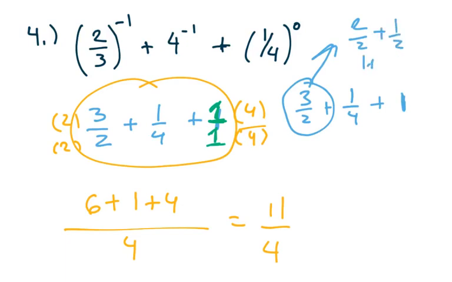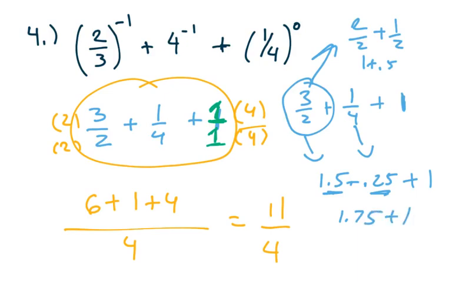So that's 1 plus 0.5. So this is 1.5. This is 0.25. And this is 1. So if I put them together, I have $1.50 plus 25 cents. That's $1.75. Plus another $1 is $2.75. Makes sense. So either way is fine.